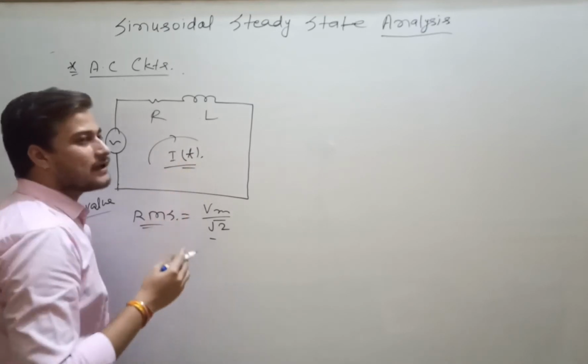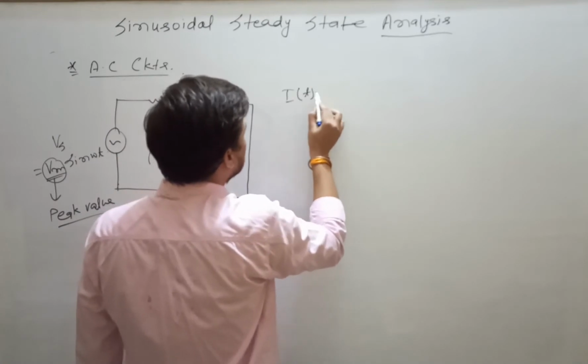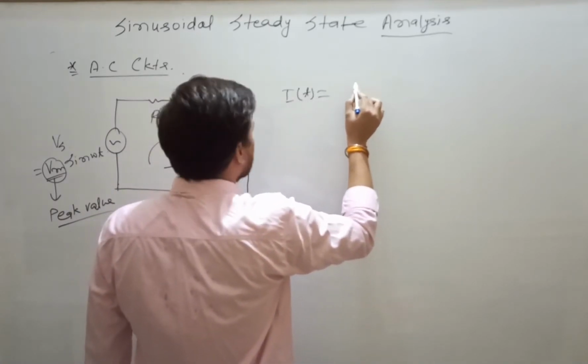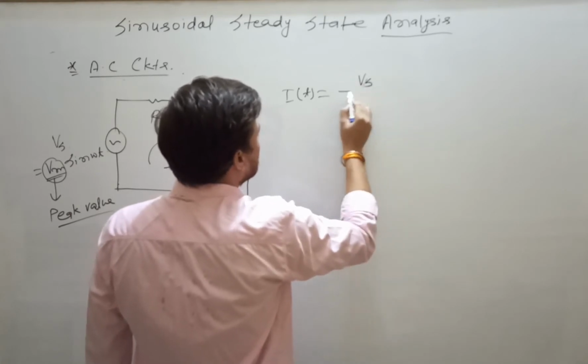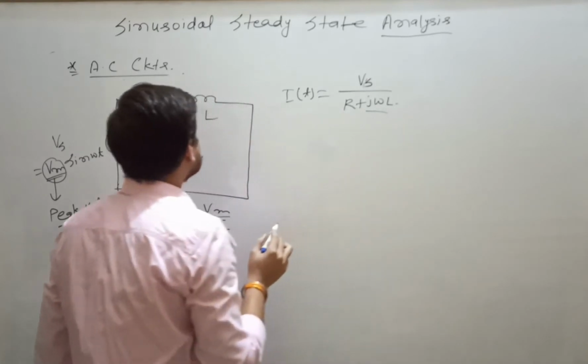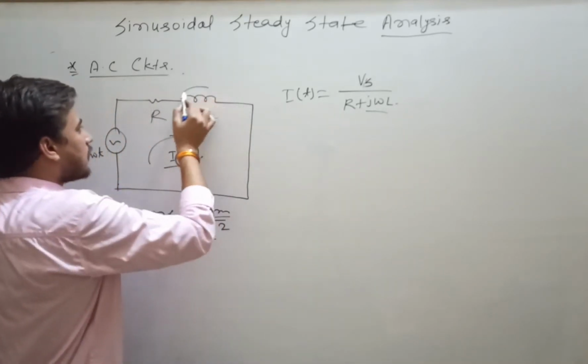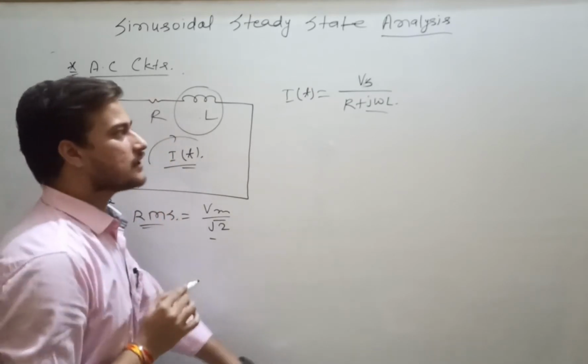So now if you write the expression for current i(t), then i(t) will be equal to Vs divided by R plus j omega L, because here the reactance of the inductor is j omega L and here the resistance of the resistor is R.